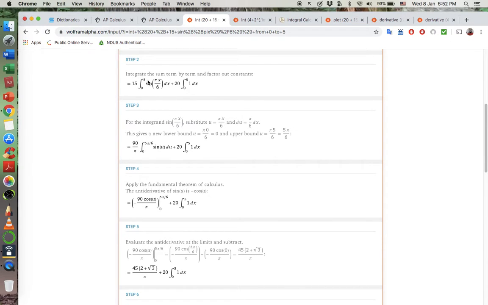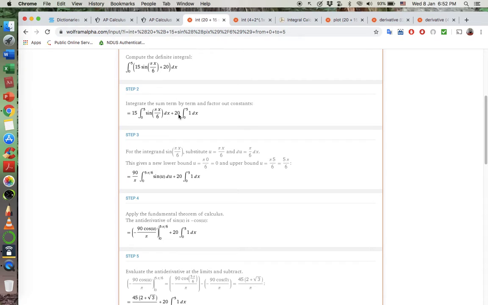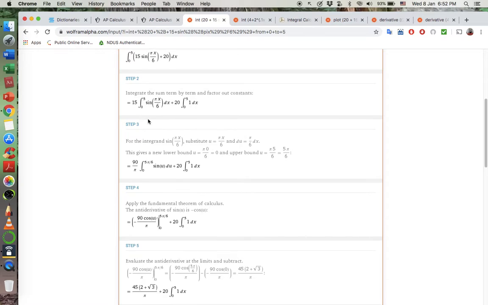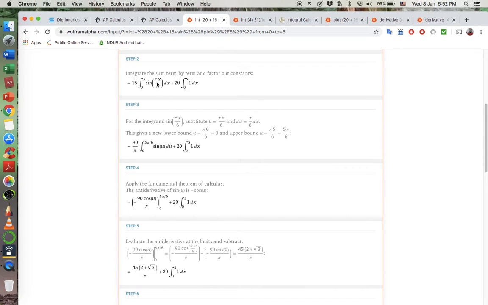Now if we had to do that integral by hand, you can see it would take quite a little bit of work. Some of it's fairly straightforward. We can integrate by parts. We've got a constant here that we're going to pull out, and that one is quite simple. But then we're going to have to do some u substitution, and this is kind of a messy function. We've got pi x over 6, so we substitute u equals pi x over 6, and then du is pi over 6 dx.